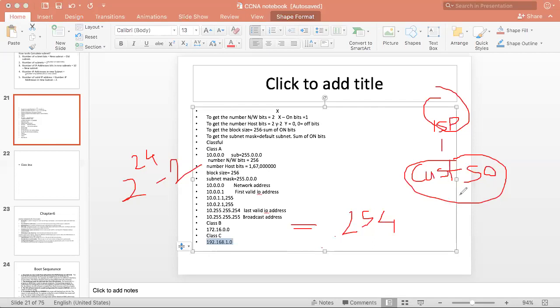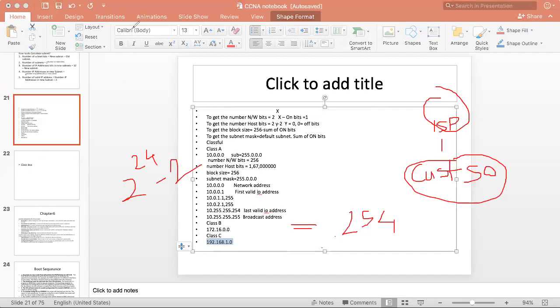In this case, this customer will utilize 50 IP addresses, but 204 IP addresses will be wasted, because neither will the service provider be able to give this network to anyone else, nor does the customer have machines to utilize them. So this is the wastage of IP addresses.